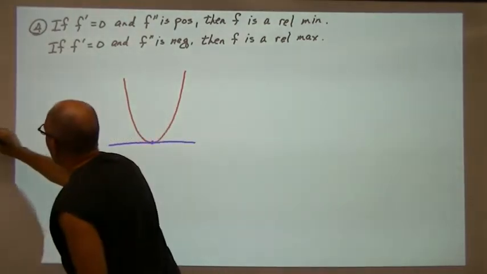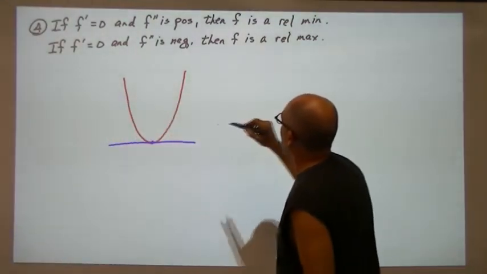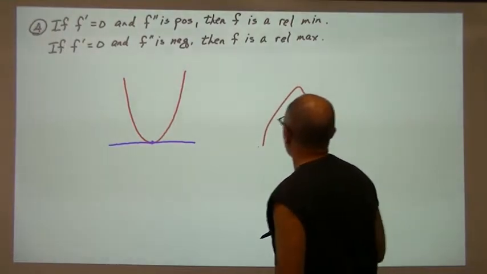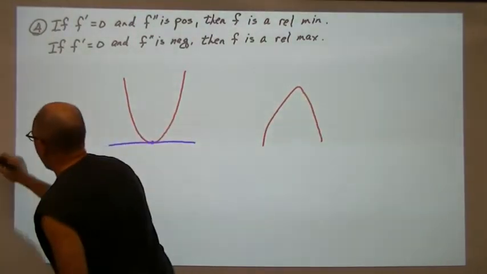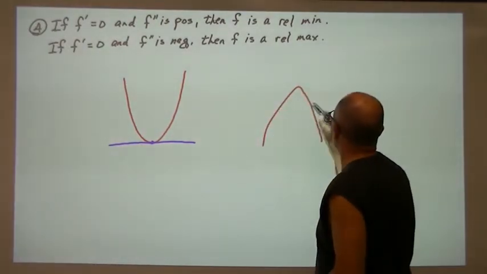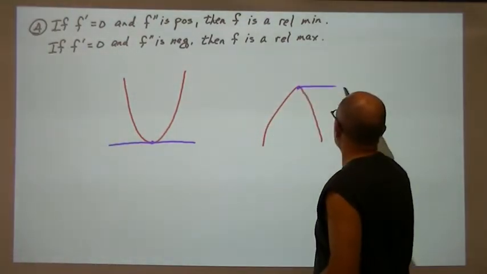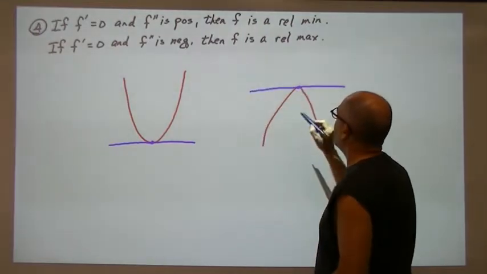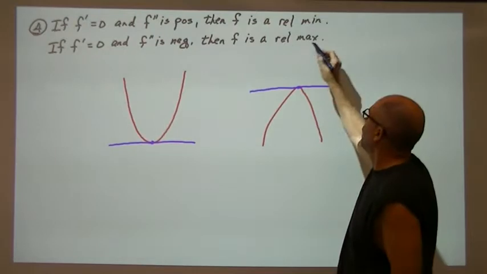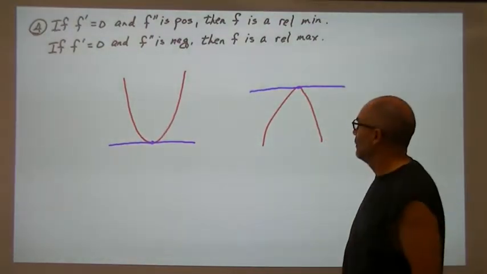Now, here I've got the slope of the tangent is 0, but it's concave downward. F double prime is negative. What does that mean? Relative max.